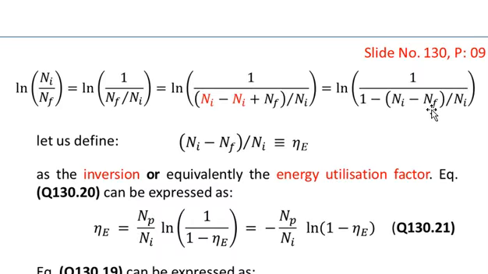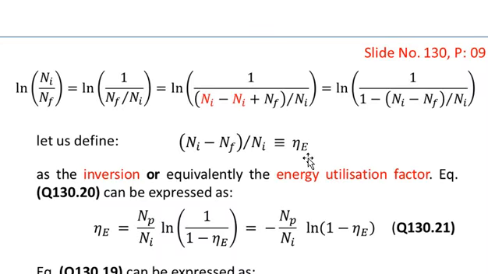And now we can introduce Ni minus Nf divided by Ni by a quantity which is eta E. So this has been defined, that is Ni minus Nf divided by Ni has been defined as eta E, where eta E is the inversion utilization factor, or equivalently the energy utilization factor.